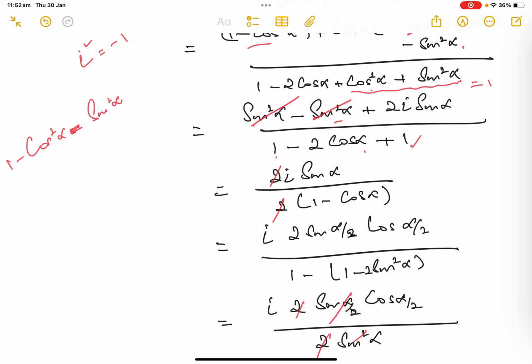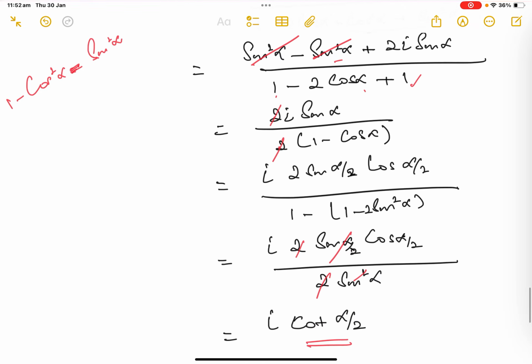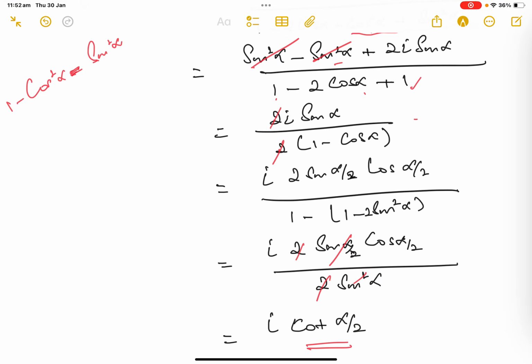If you take 2 out, 1 minus cos alpha inside, and the 2 cancels out. Now we have i sin alpha divided by 1 minus cos alpha.